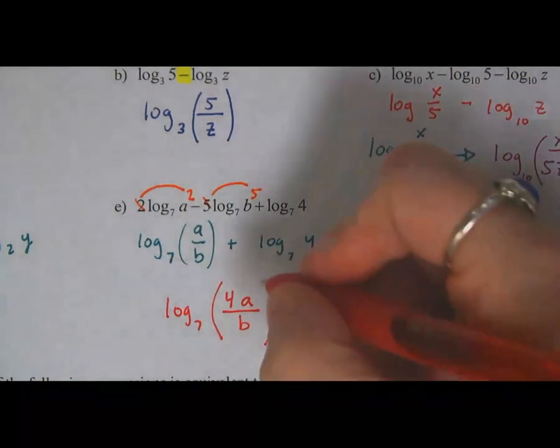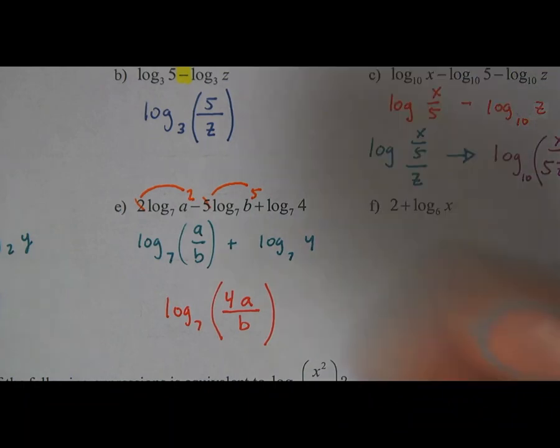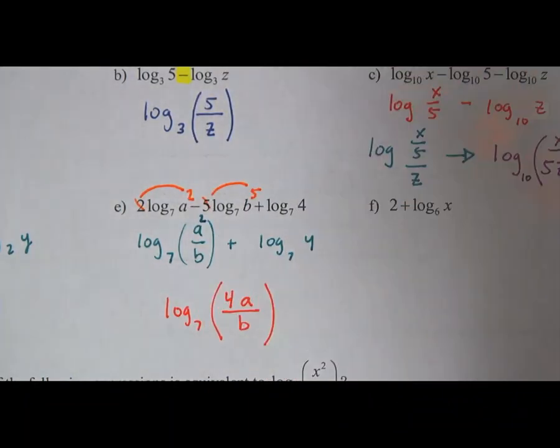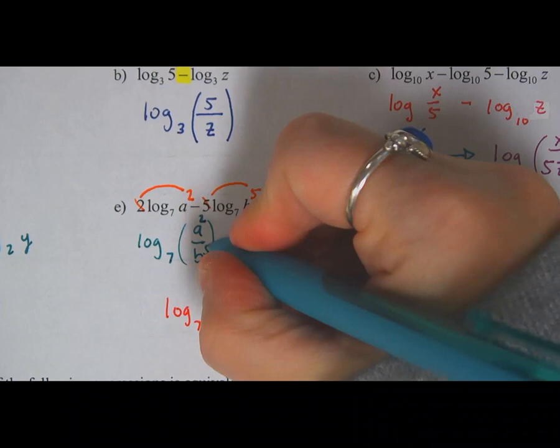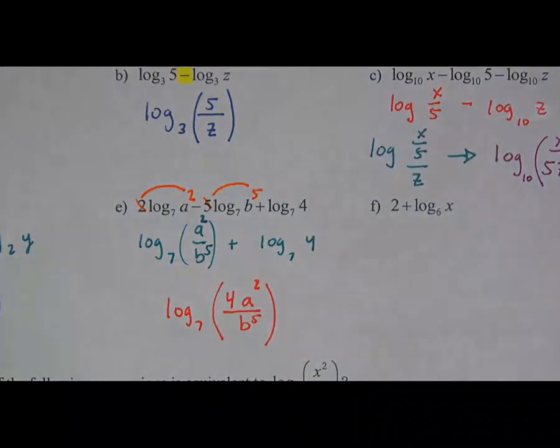Oops, and that should be, is that what you were going to tell me, Jaylee? I'm completely missing the squared and the 5th. I apologize. Okay, now that looks good. That one used all 3 log properties in one column.